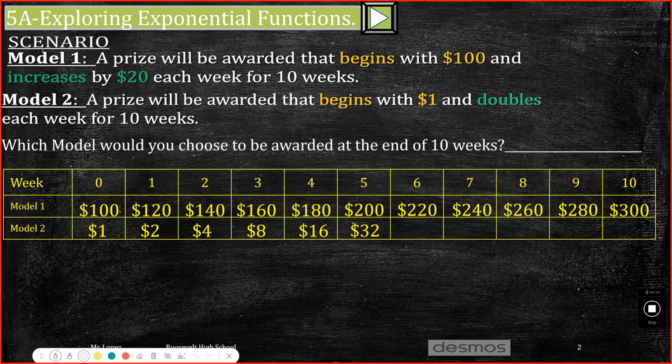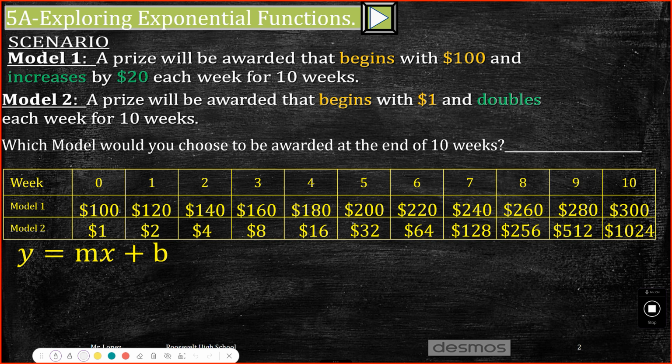Then 64. Next, 128. Then 256. Then 512. Then 1024. So yes, Model 2 is better in the long run.